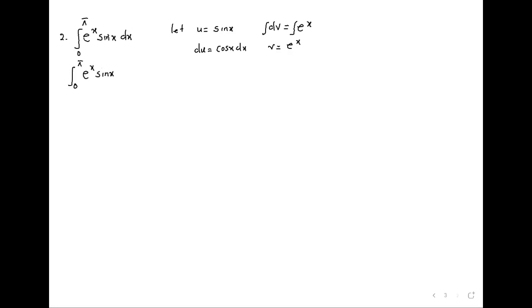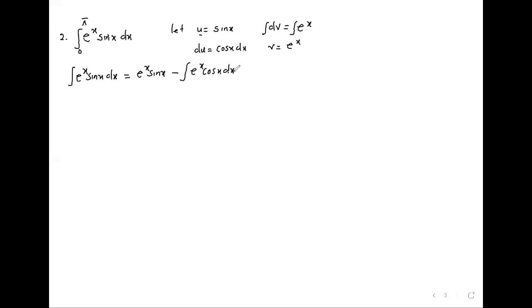Let's leave the limits, they may disturb us. We'll find them when we are done. So the integral of e to the x sine x dx is now uv, which is e to the x sine x, minus the integral of v du, which is e to the x cos x dx.